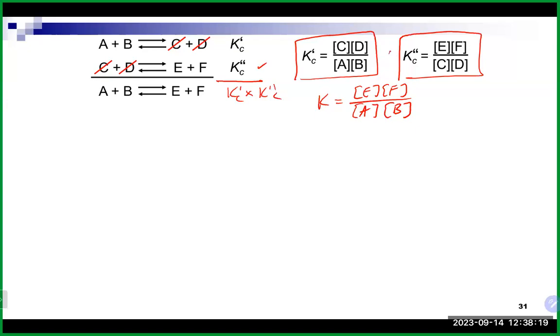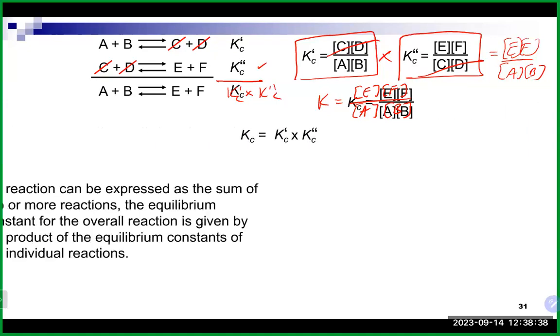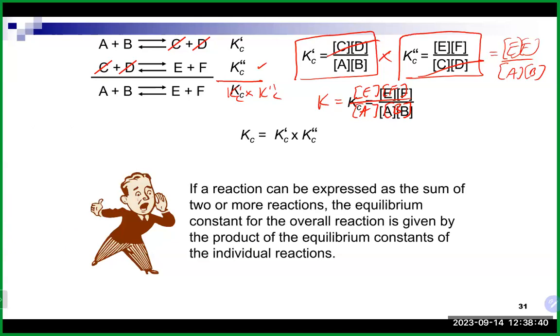If we multiply these two expressions, C and D will cancel, and we will end up with EF over A and B. So if you find yourself needing to add a couple of equilibrium expressions or equations or reactions together to build an overall reaction, what you do with the equilibrium constant is multiply them together. You do not add them.